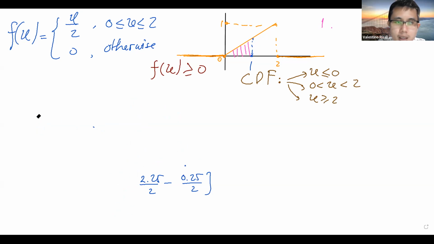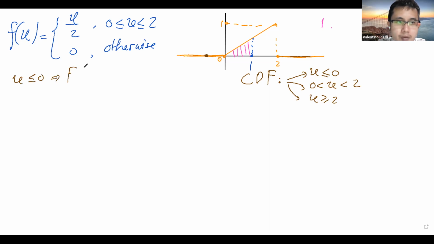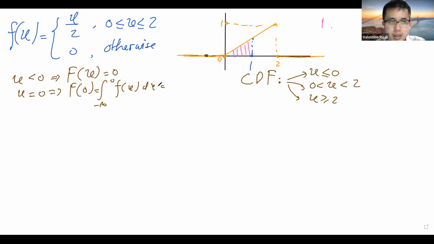From the picture, when x is less than 0, for example, x is here, of course the CDF is 0. And similar with the case x equal to 0, it is also 0.